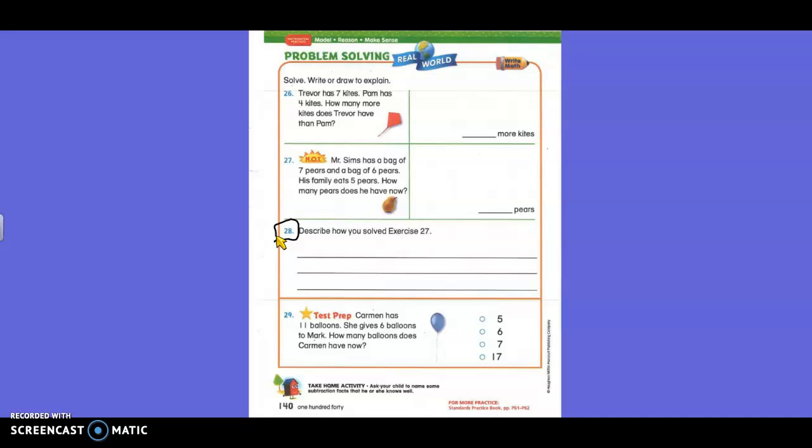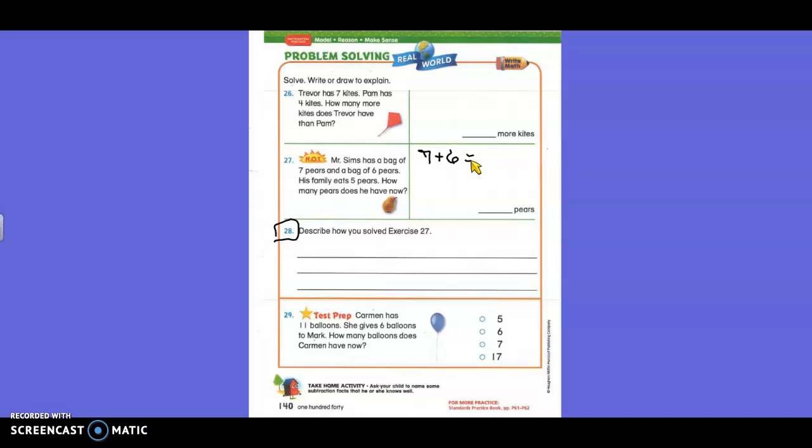Okay, we have to go in order of this problem to figure it out. At the beginning, it says he has how many pears? 7. And then how many more? 6. So if we're doing more, then we are doing addition.